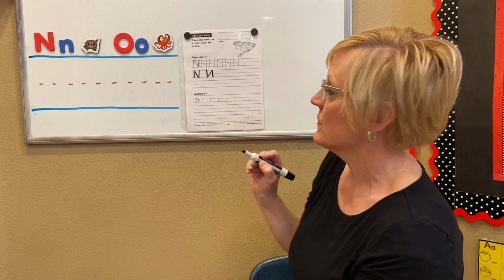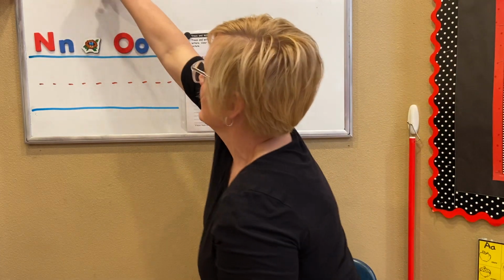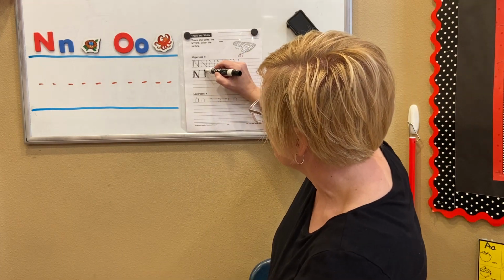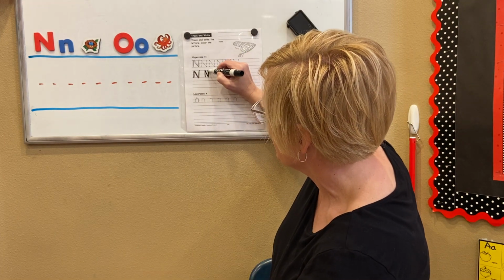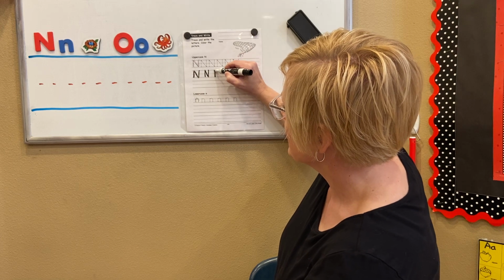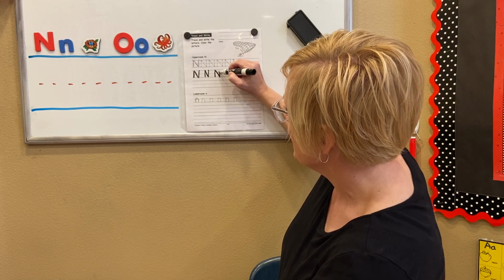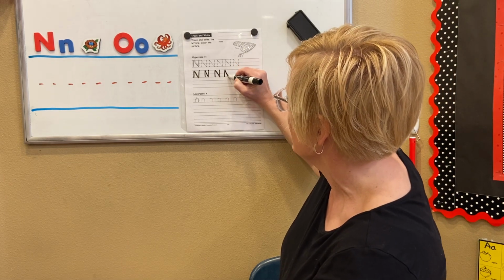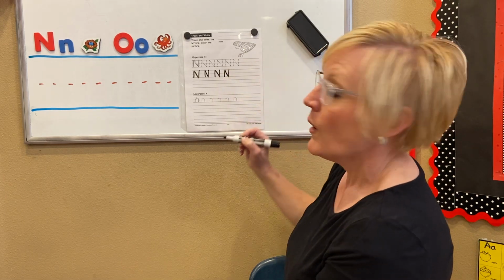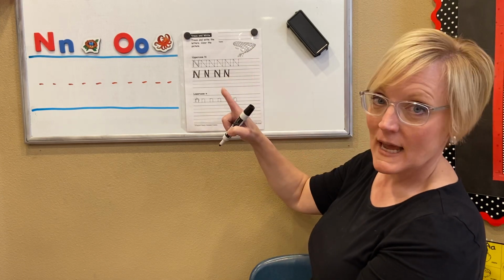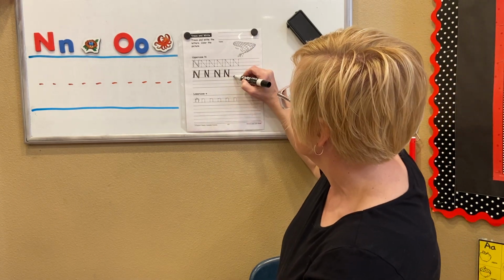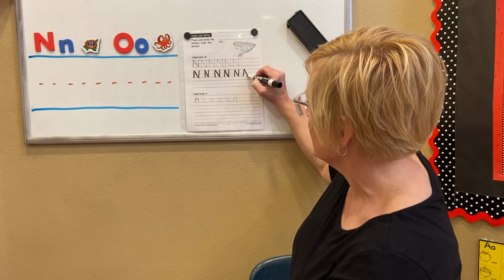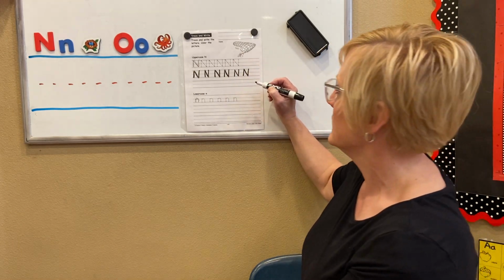That's not the right way to make an N. So I like to go straight up, slide down, back up. N. Straight up, slide down, back up. When we slide down, we use a diagonal line. Naughty little N.